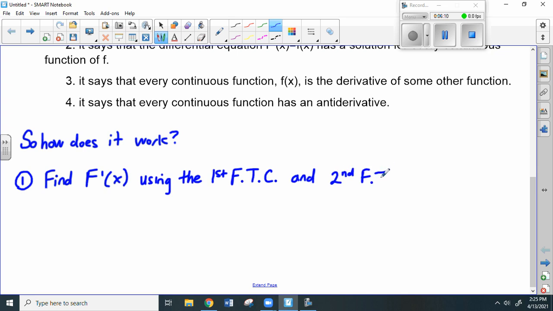We're going to do it two different ways, and I'm going to show you how it works out to be the same. So here is capital F of x.